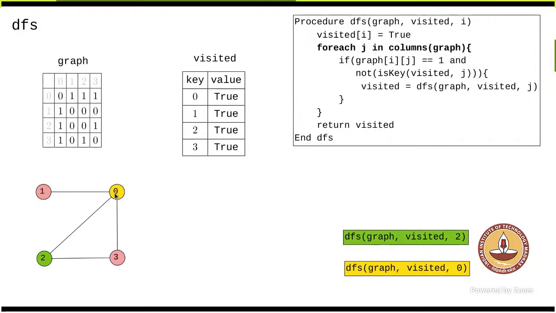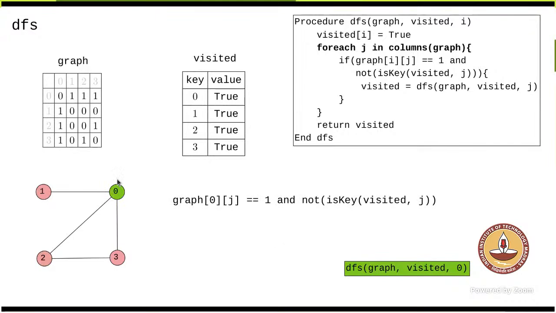Again, you have already visited everything, so you are going to come out of the for loop and return this dictionary, and then for 0. Finally you are at 0, and remember you had one more node to check, 0, 3, but 3 is visited. So there's nothing else left to do.